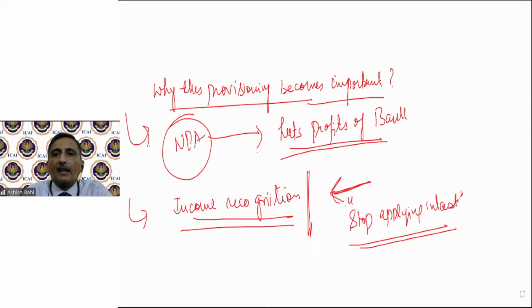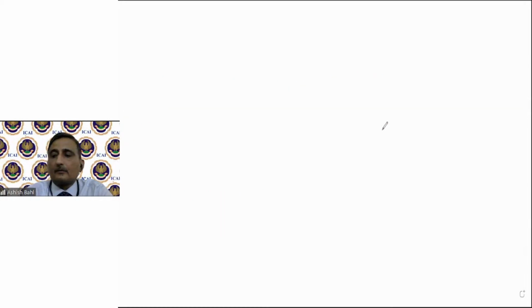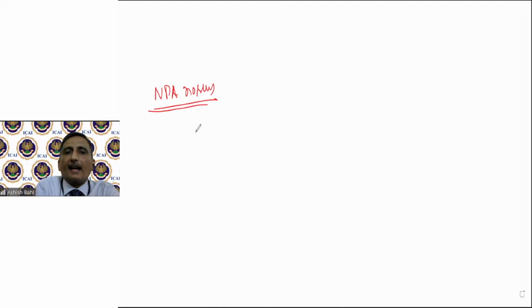Now we'll also quickly go through the NPA norms for asset classification, which you have already read at your intermediate level. In this, an important word is overdue.